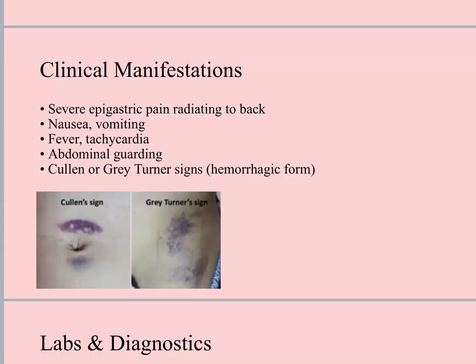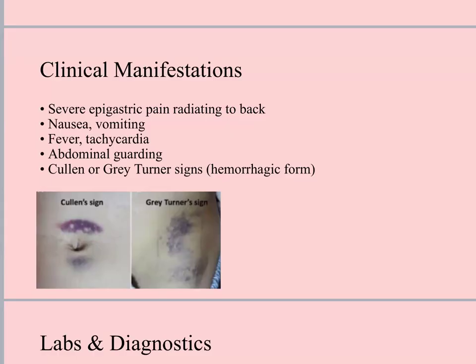And that pancreatic inflammation just extends into the back, so somebody will also have back pain. One way you can tell that it's pancreatitis is it gets worse when somebody is laying flat because that inflamed pancreas is pressing against those nerves. But it gets better when somebody is leaning forward because it takes the pressure off.